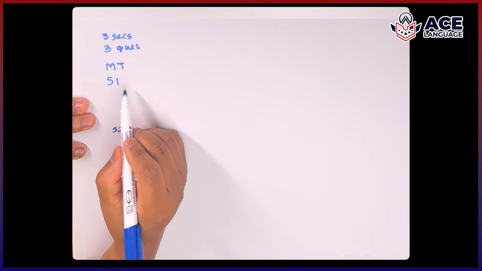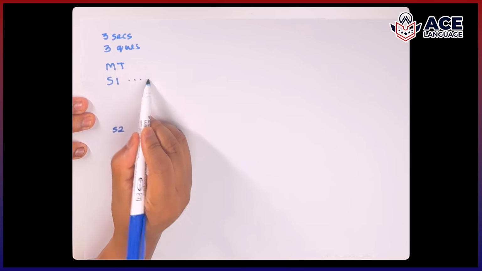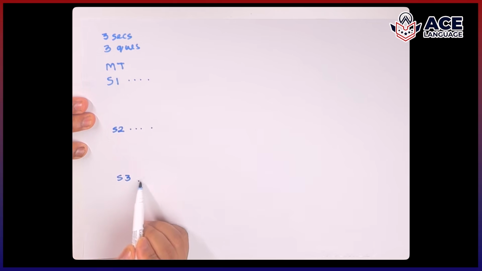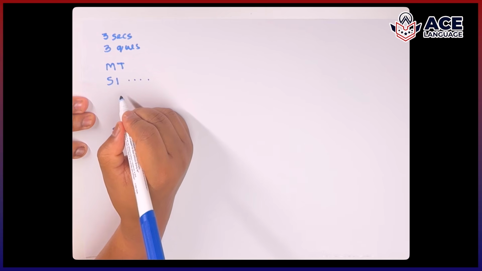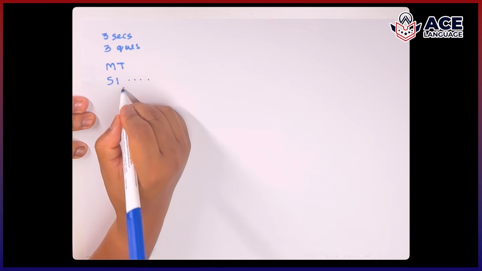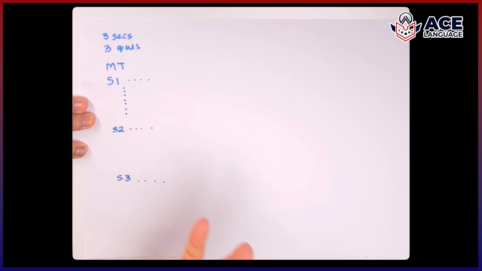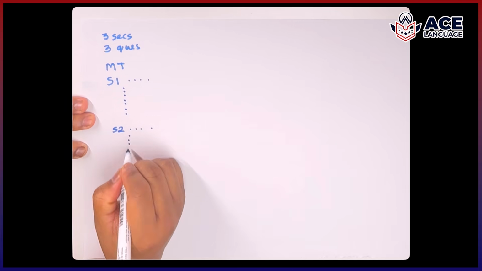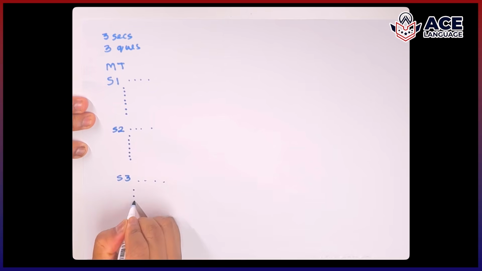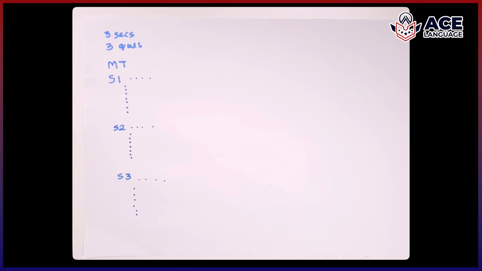As you can see, I am writing S1, S2, S3 separately, indicating that I will take notes of all that speaker 1 will talk about in this blank, speaker 2 in this blank, and speaker 3 in this blank. So this is how my notes will be organized.